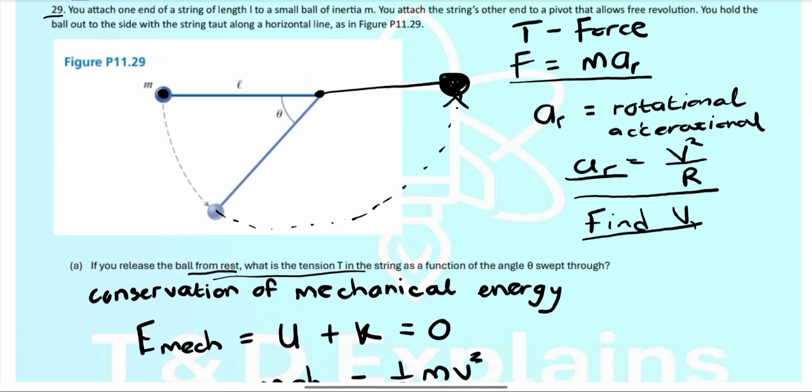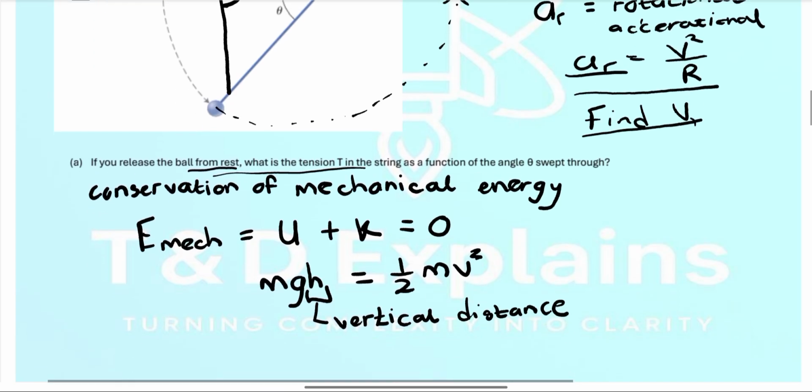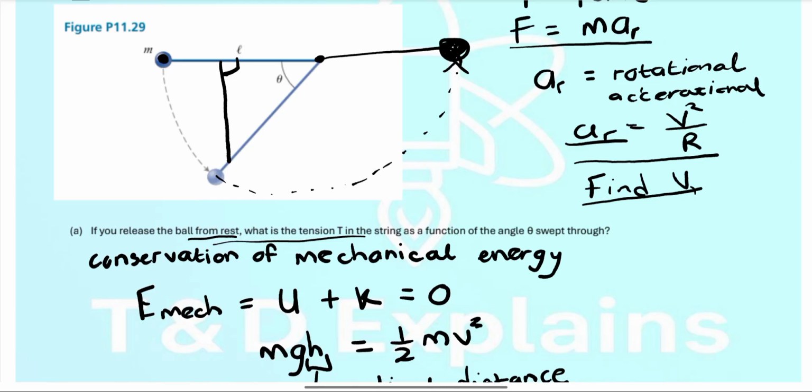So we have to draw a vertical line in our diagram and then find the relationship between the vertical distance and our quantities that are already provided. If I say sine theta equals h over the hypotenuse, which is L.